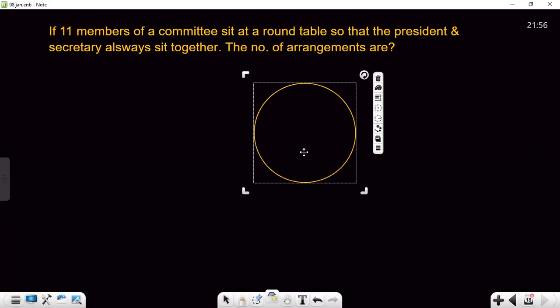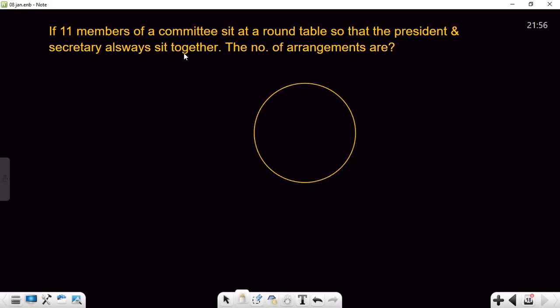Round table. How many people are there? 11 members are there. Okay. And in those 11 members, there's a president and a secretary. So the president wants to sit with the secretary. So let's make a box once again. In that box, let's make two places on which president or secretary can sit.